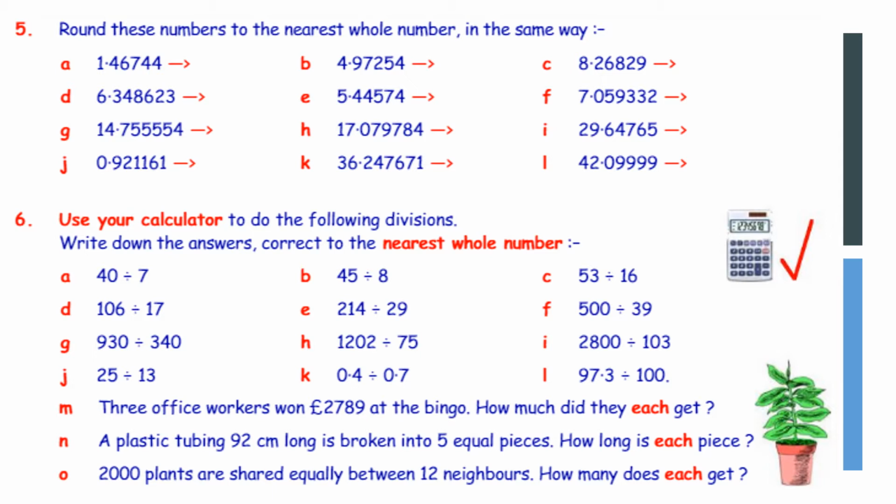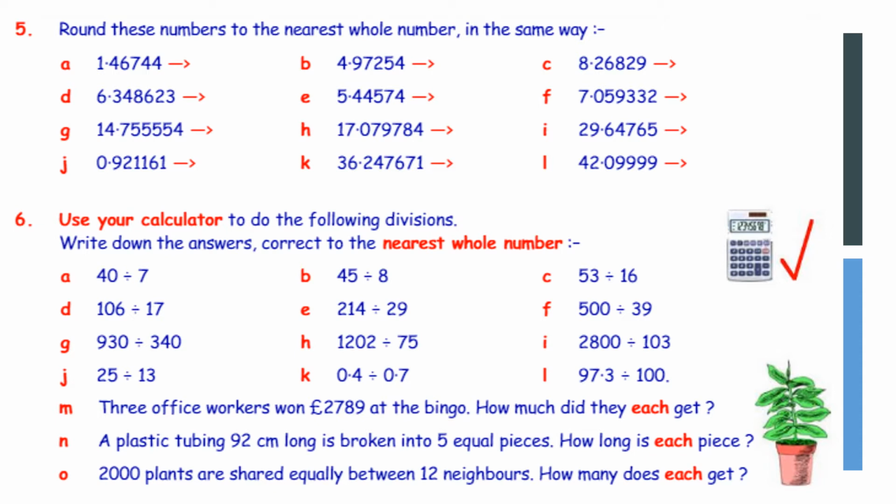Number 6 is the same thing, but it's a little bit more complicated. Okay, so I'm going to talk you through it. This is telling you to use a calculator. You won't be able to do it in your head.